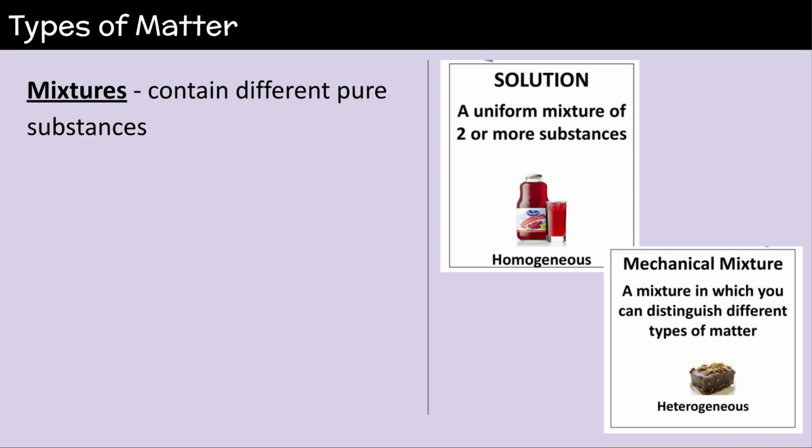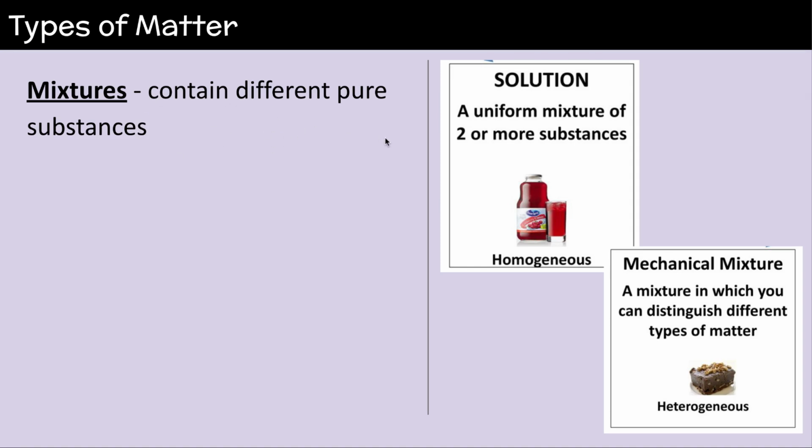So I think of steel. Steel is a mixture because it's composed of iron and carbon. Those are both elements, and they're mixed together. Maybe you'll have a mixture that is like salt water, and it contains salt, which is a compound, and water, which is a compound. But they're different pure substances.